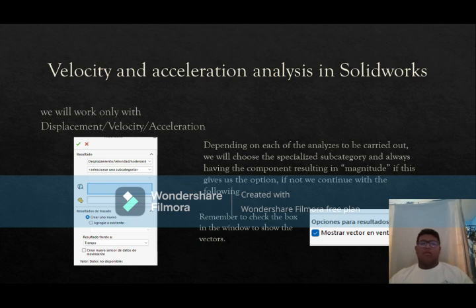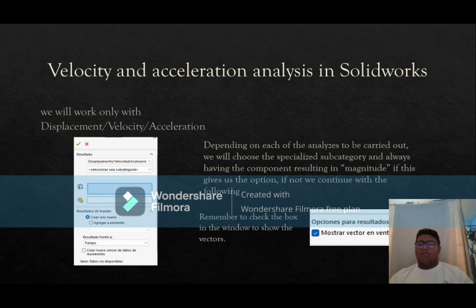We will work only with displacement, velocity, and acceleration. Depending on the type of analysis to be carried out, we will choose the specialized subcategory, always having the component resulting in magnitude if this gives us the option.